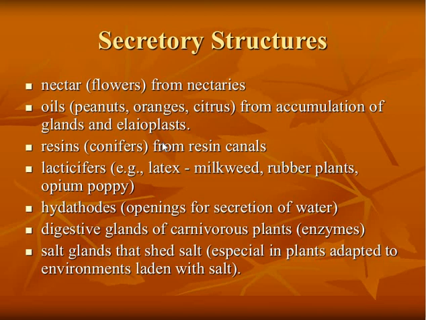You can see the text and just read it. So far, the important secretory tissues are stinging hairs, digestive glands, nectaries, hydathodes, glands, lysogenous and schizogenous cavities or glands, then laticiferous tissue.